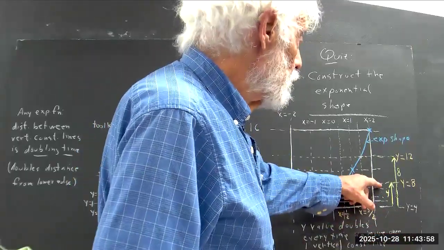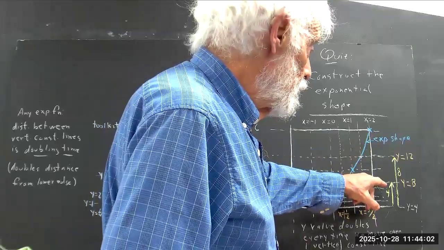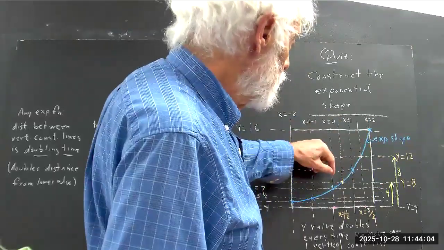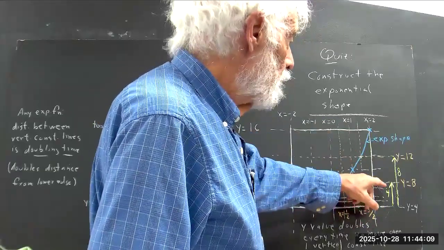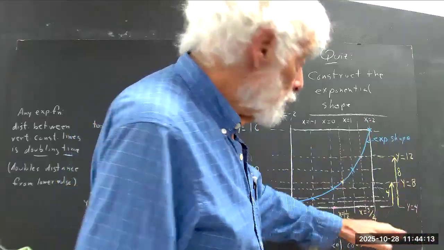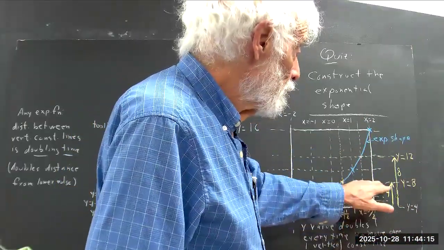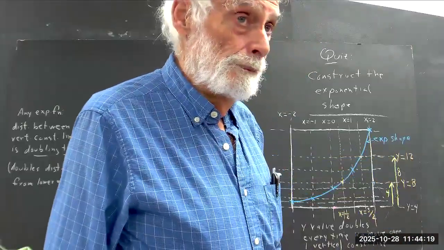Our distance to the horizontal lines from the two new points that we put down here, the values of y equals 8 and 12, that's not doubling. But the distance from y equals 4 is doubling. Distance from y equals 4 is 4, then it's 8.